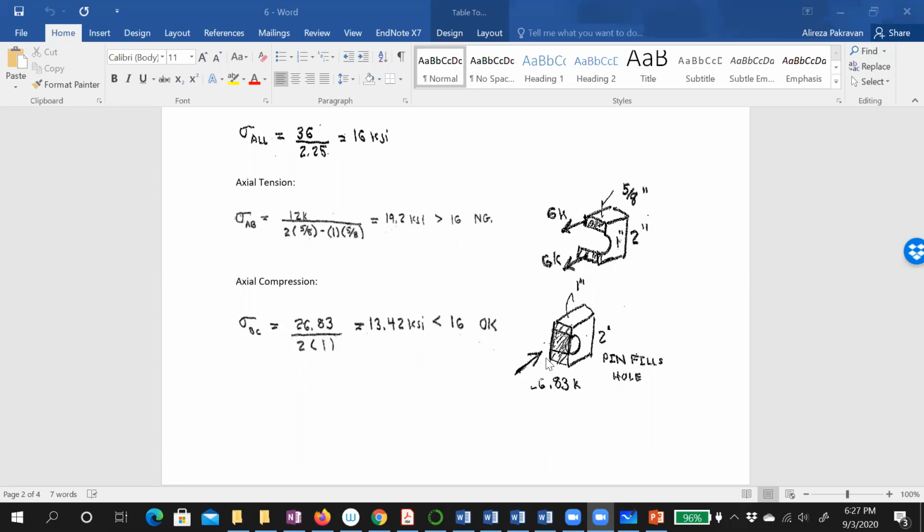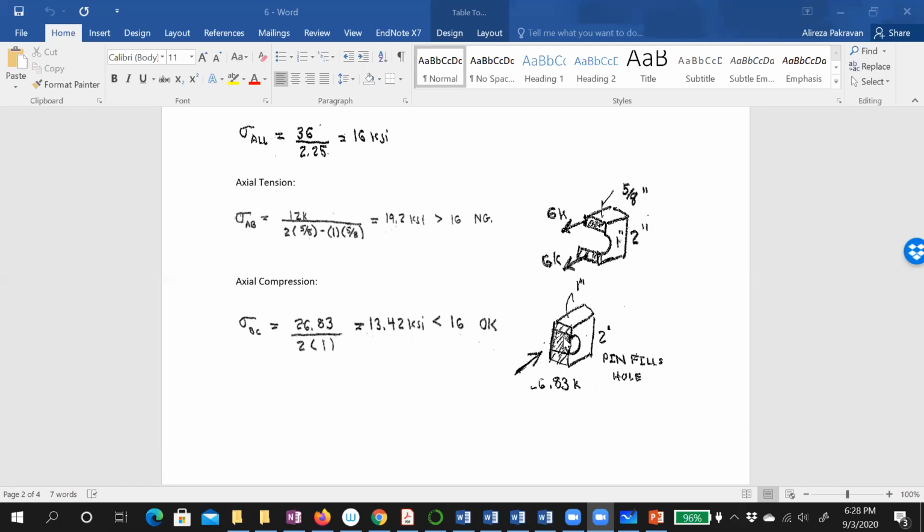We assume all of it acts, which means the member under compression is not as critical as the tension. In the tension, when we apply the force, we assume these parts start to separate from the bolt. But here, under compression, the bolt presses against this part, which means we assume all of it acts, right?